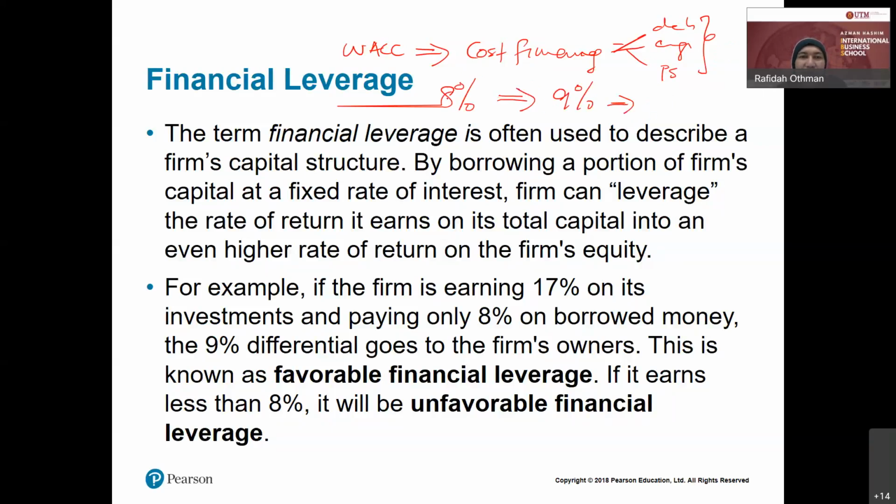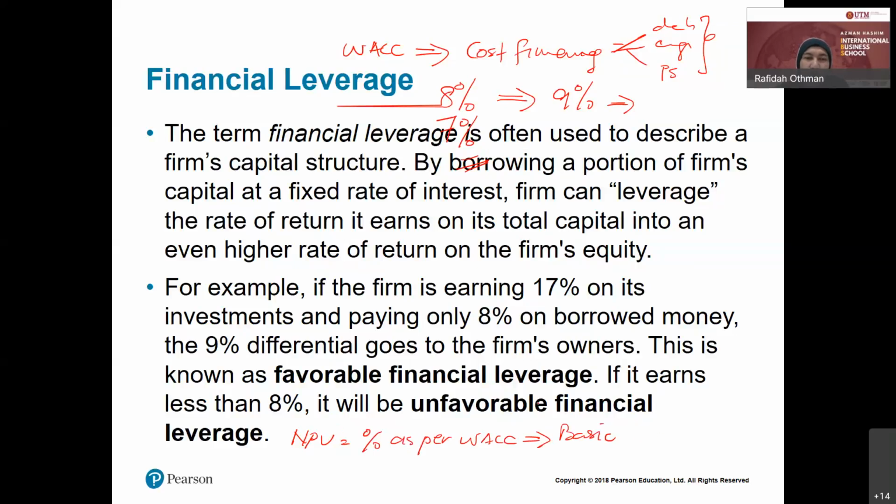But what if you get an investment at 7%? This is unfavorable financial leverage. That is why, when you do the net present value, normally we use our discount rate as per WACC. This is our basis.